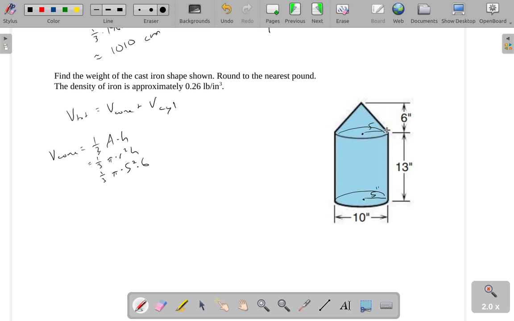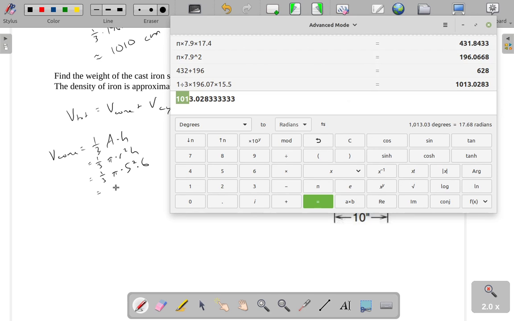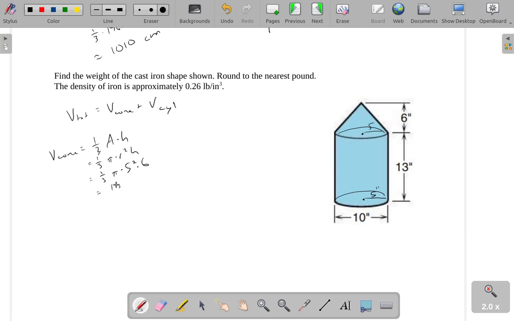So that means my radius here was 5 inches, my height is 6 inches, which gives me 1/3 times pi times 25, that's 5 squared, times 6 is 157.08. I'm doing some extra digits here.